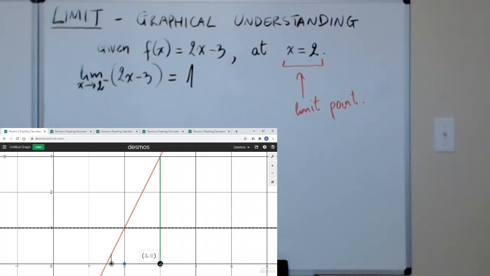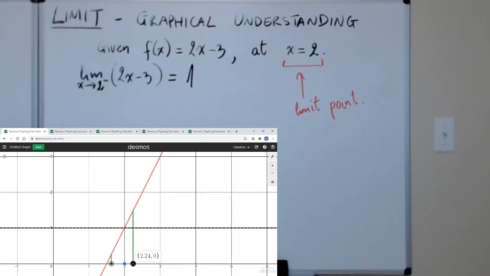And now observe the motion of the value on the x-axis as I'm letting my black point get closer and closer to that limit point x equals 2. Notice how the green height is decreasing. Okay, and it keeps decreasing.